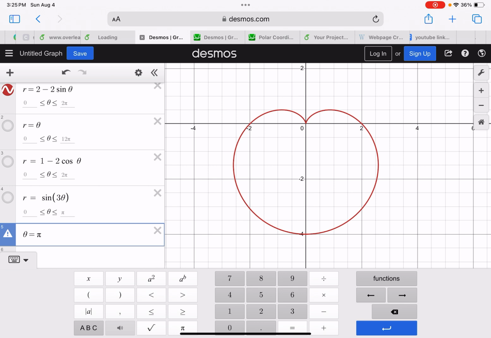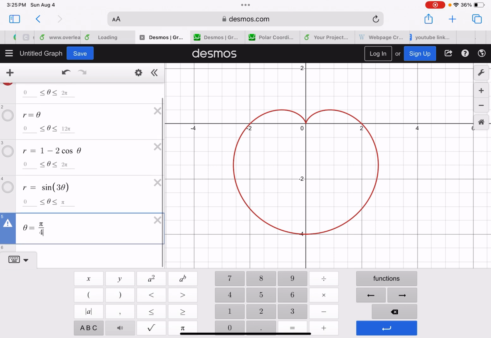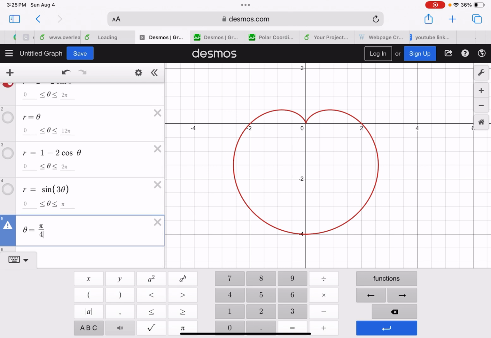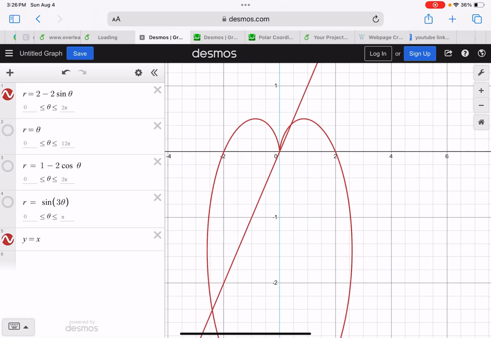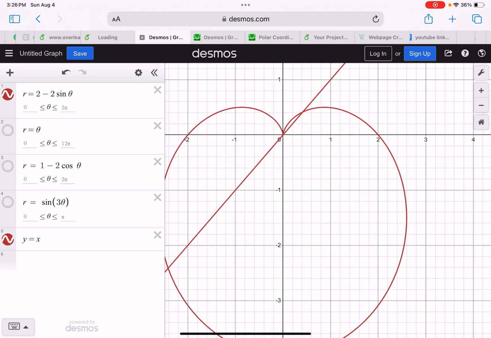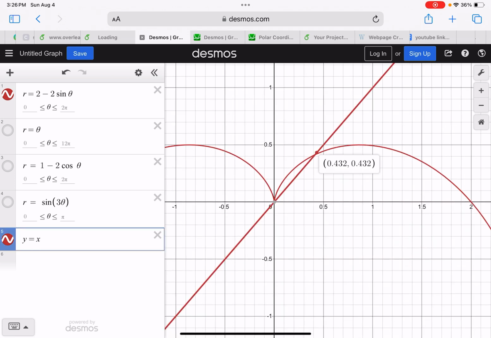Great. Divided by 4. Oh, it doesn't like that. Here's what I'll do. I'll just draw the line y equals x. Y equals x follows that 45-degree direction. So I've altered this a little bit, but there's a point there of intersection.